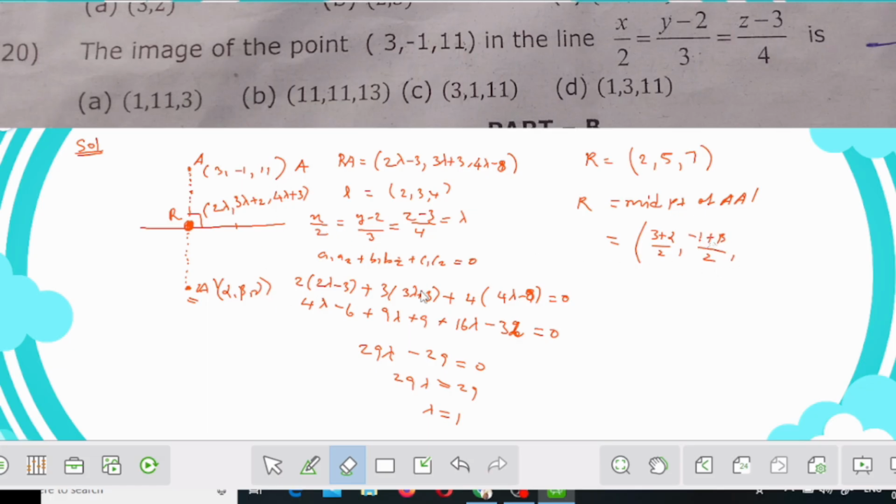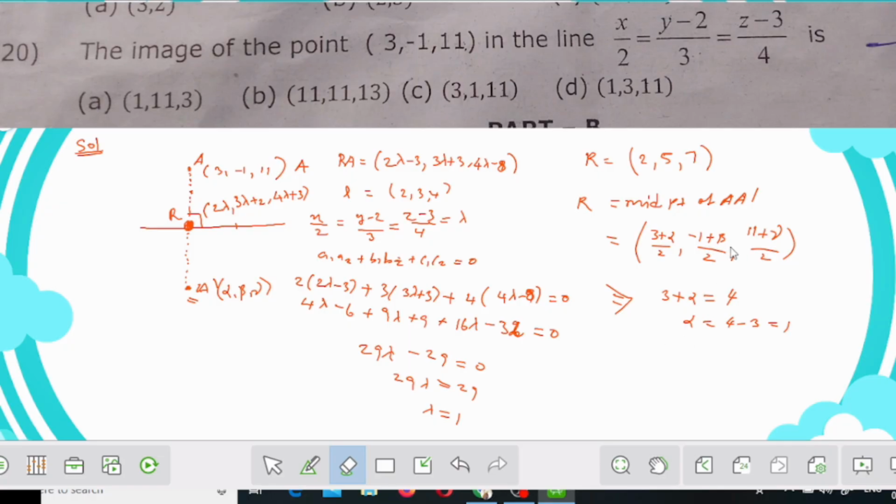Third one is (11 plus gamma) by 2. Now you equate these. So (3 plus alpha) by 2 equal to 2, so 3 plus alpha equal to 4, so alpha equal to 1.